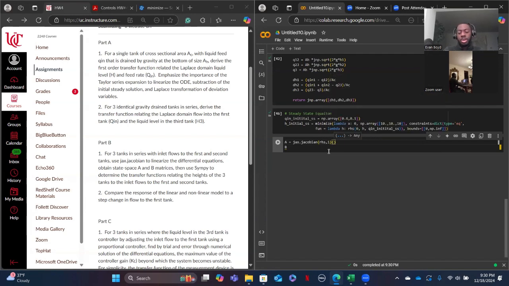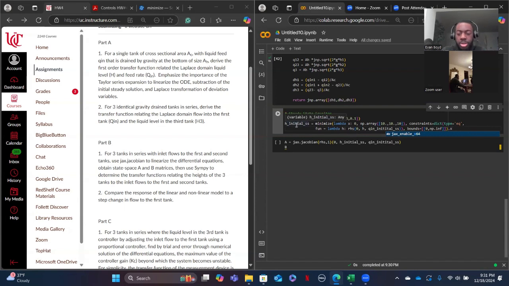And for our right-hand side, of course, we need to have our time, which here will be 0, our H initial, and then our QN initial at steady state. And from this, actually, it gave me a hint. I forgot to put dot X to pull in our X values that we have for our H value. So to pull our heights, we need to put dot X. So we should enter that.